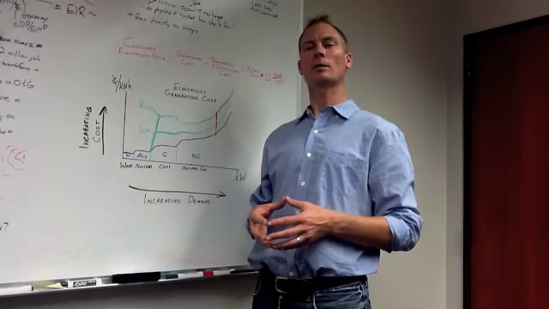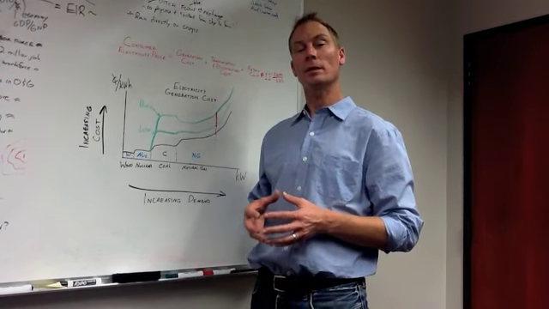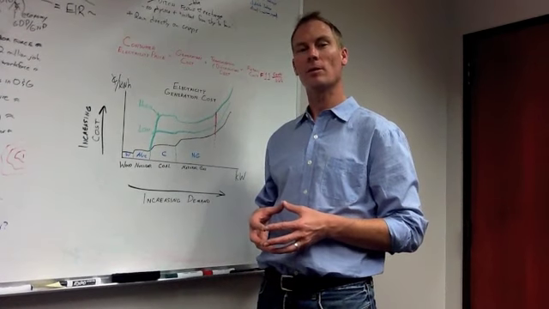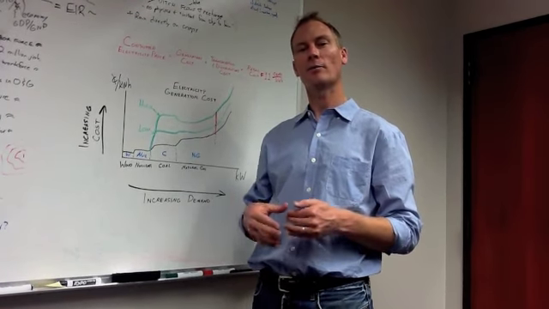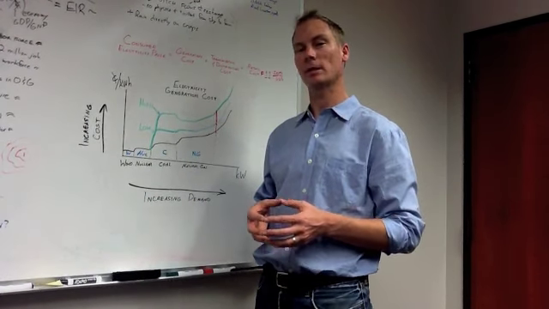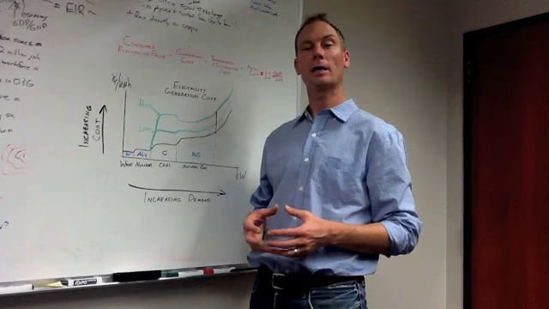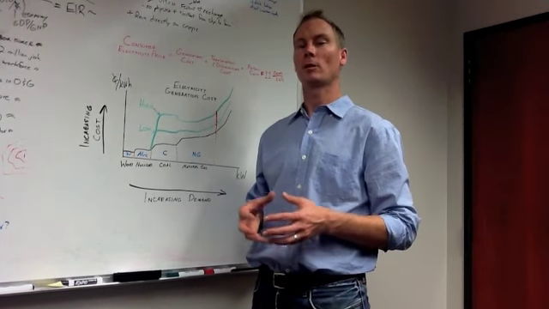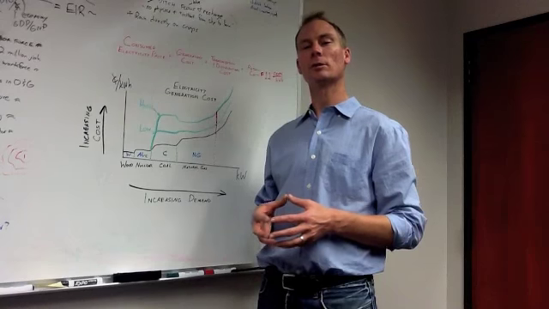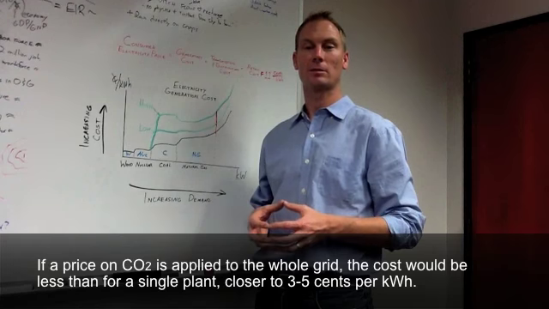If a carbon dioxide price were applied to the entire electric grid, the price increase of electricity generation may not increase the entire 5 to 7 cents a kilowatt hour if coal plants capture carbon dioxide. It will increase proportional to the cost for a natural gas power plant to emit carbon dioxide. Therefore, your retail costs might only increase 3 to 5 cents a kilowatt hour.